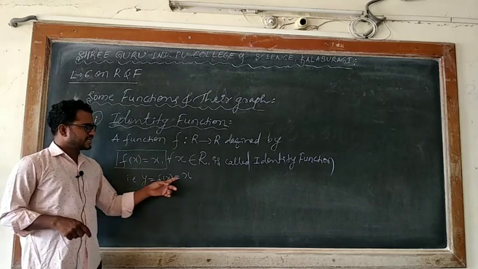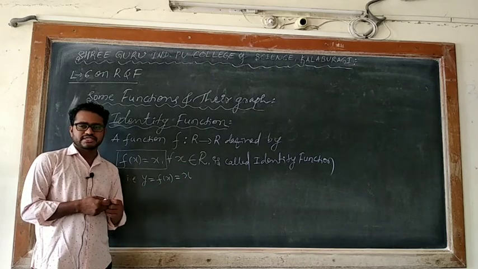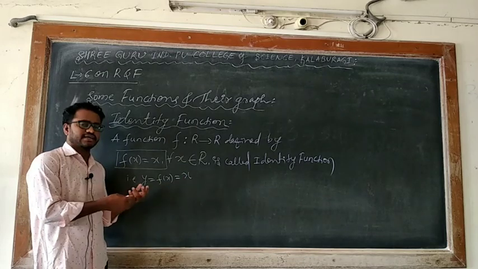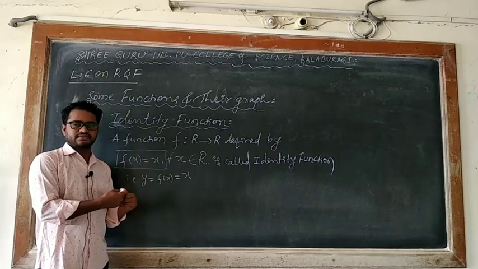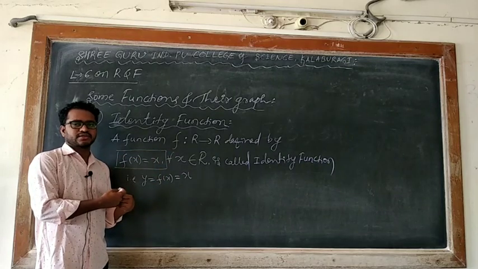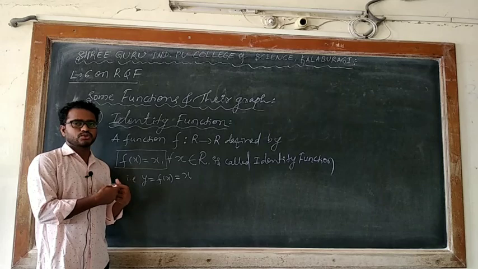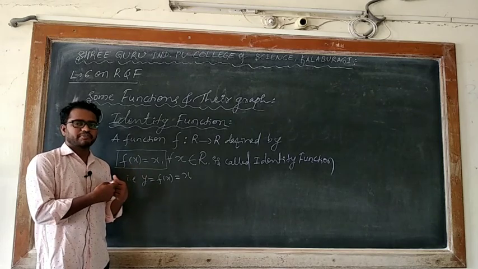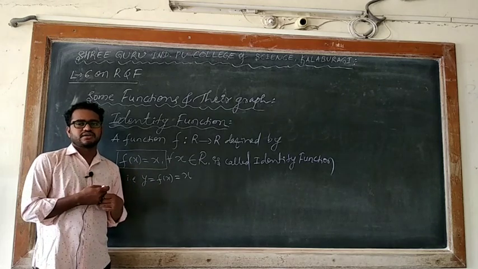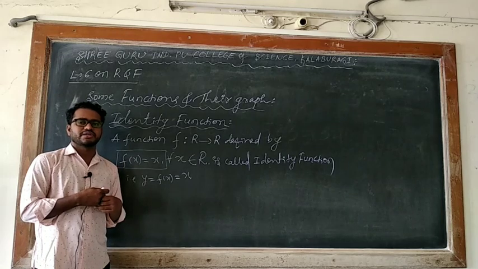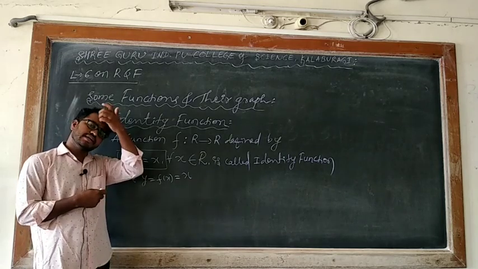Here x is the input value, and what we get corresponding to x is the output value, which is the range. In the case of ordered pairs, the first elements are considered the domain, the second elements are considered the range.